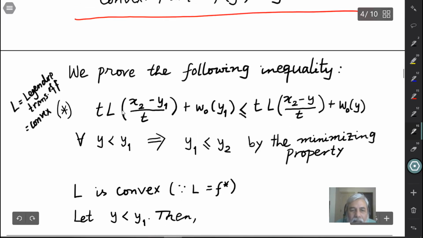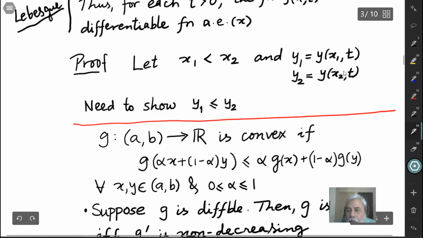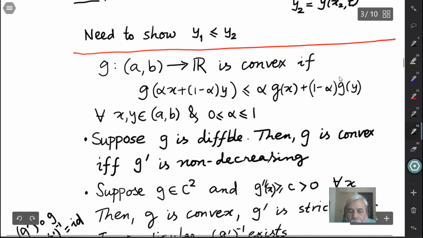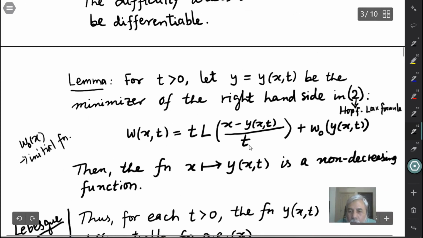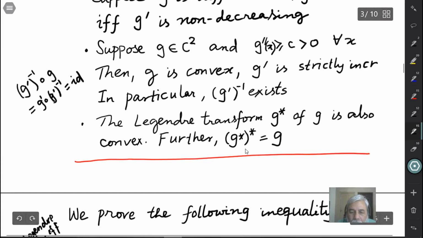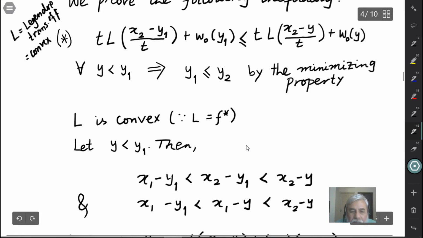Okay. And once we prove this inequality star, that implies y1 less than or equal to y2, because y2 is the minimizer corresponding to x2. Okay, and just again look at this Hope-Lax formula. So we prove this inequality star.